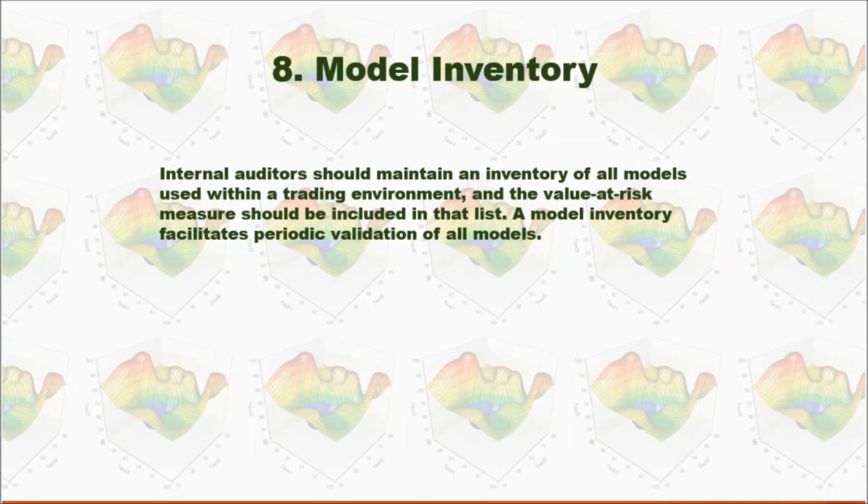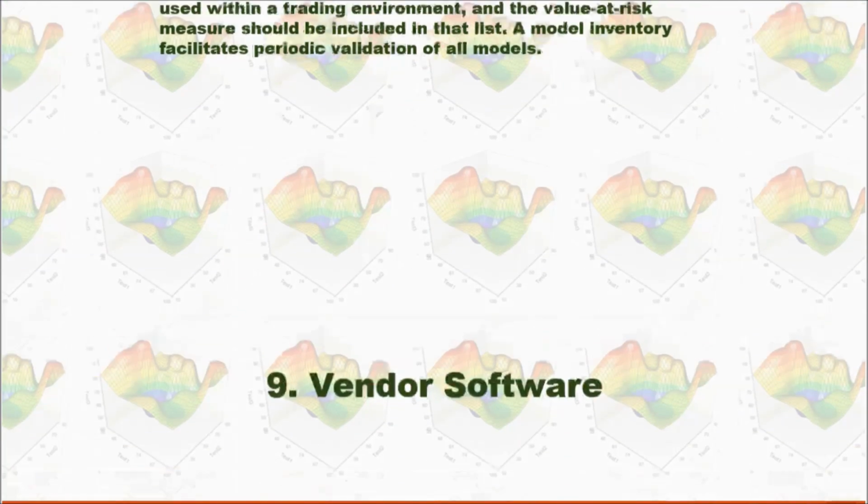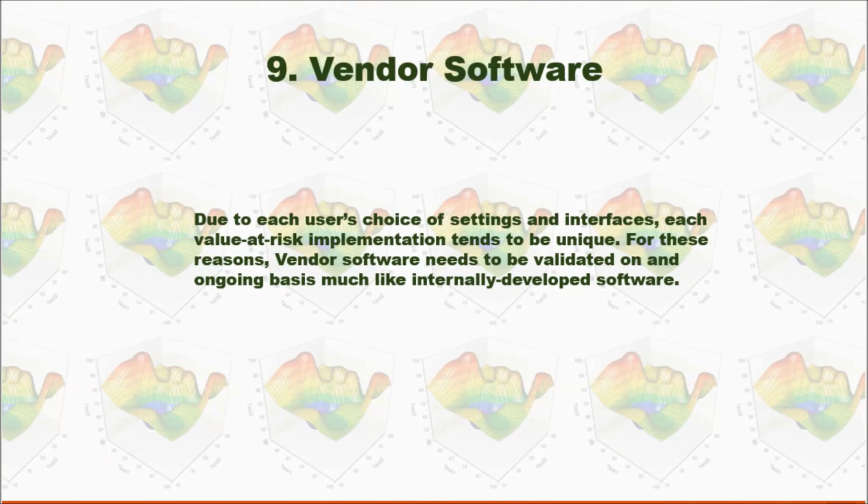8. Model inventory. Internal auditors should maintain an inventory of all models used within a trading environment, and the value at risk measure should be included in that list. A model inventory facilitates periodical validation of all models. 9.